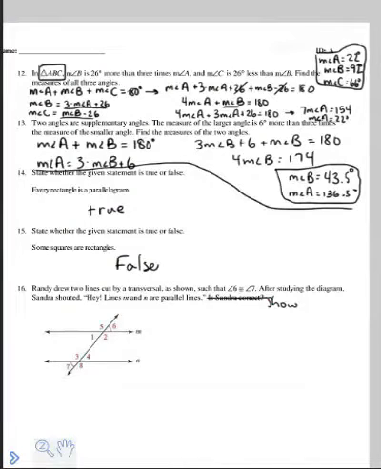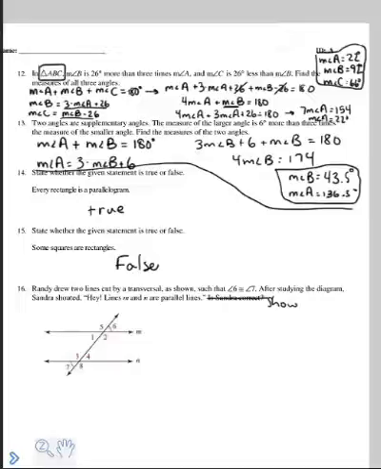So, how can we show that Sandra is correct? Well, one of the theorems we talk about in class is the corresponding angles theorem. If 2 corresponding angles are congruent, that means the lines are parallel.